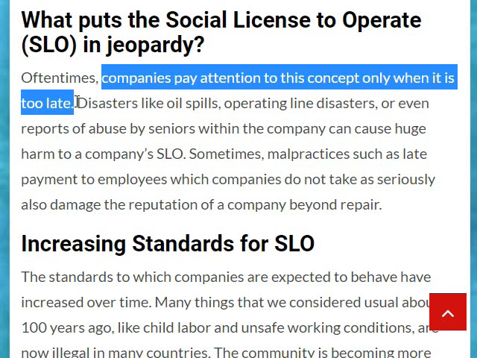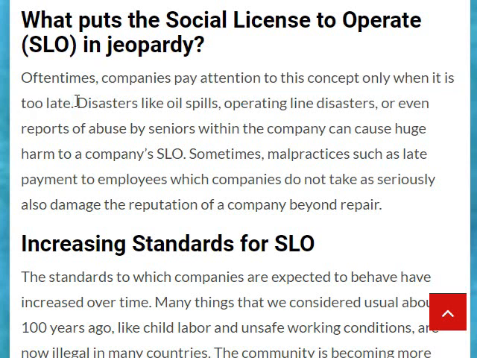Some of the things that might erode the trust of the community in the company are disasters such as oil spills.